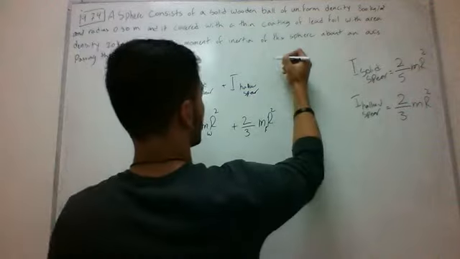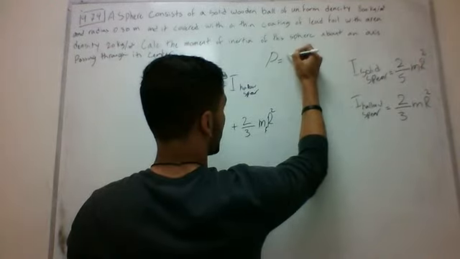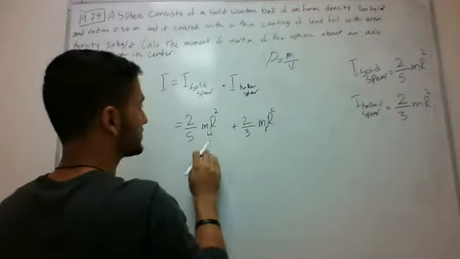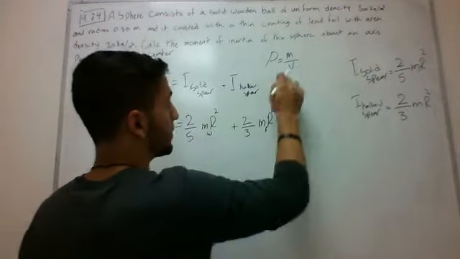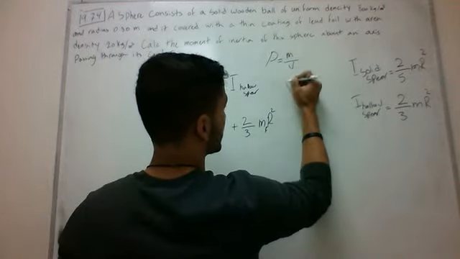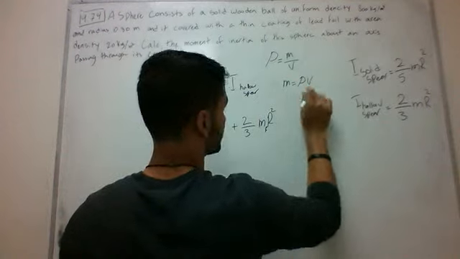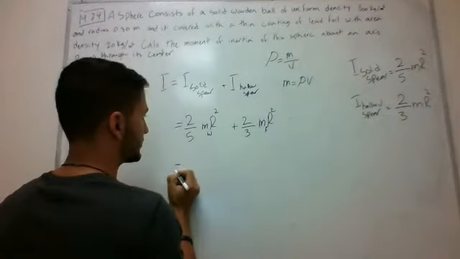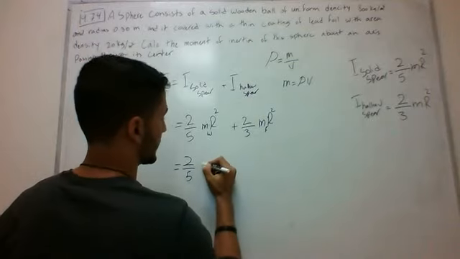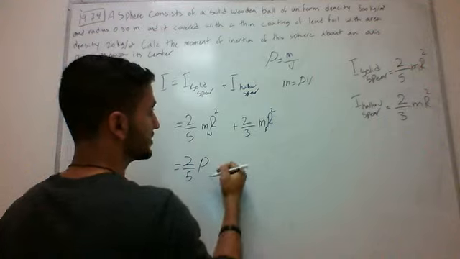So as we know that the density equals mass over volume. So for the first part, we can calculate the mass by this equation. By isolating the mass, it's going to be m equals the density times the volume. So let's write it right here. So 2 over 5, the density, which is noted like this, times the volume.